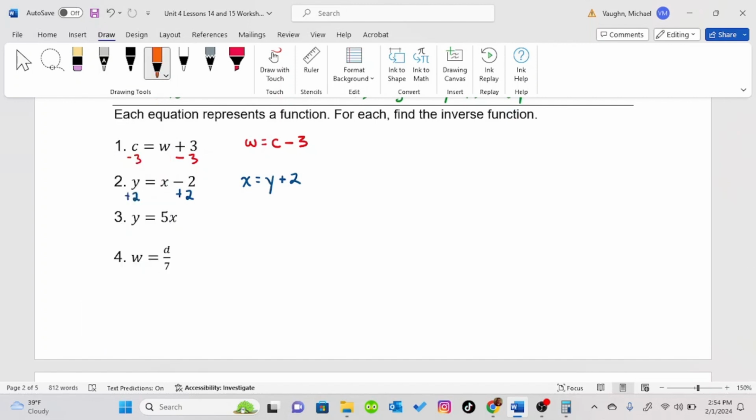For number 3, instead of y equals 5x, I want an equation that says x equals. I divide both sides by 5, and I get x equals y over 5.